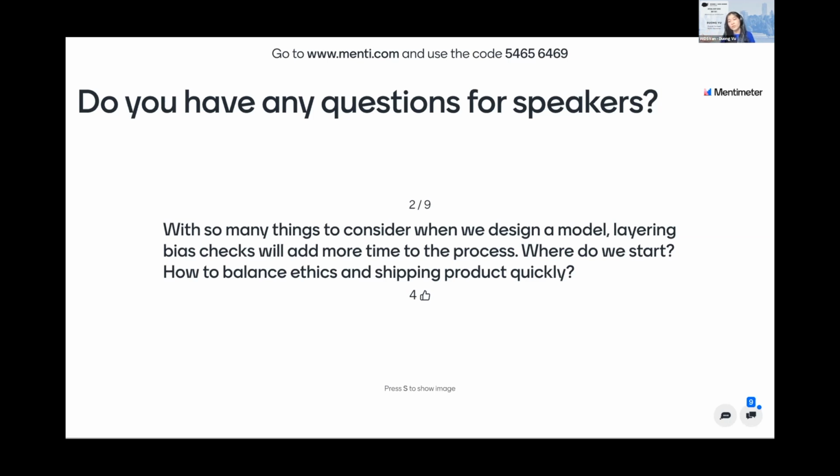From there, other people can chime in to help me look into whether there is any potential bias happening in the model that I built, because I myself will not see all the things that I don't know. So I think that is one of the things that could help speed up the process. You don't have to account for everything, but ask other people to help think about that. Thanks.